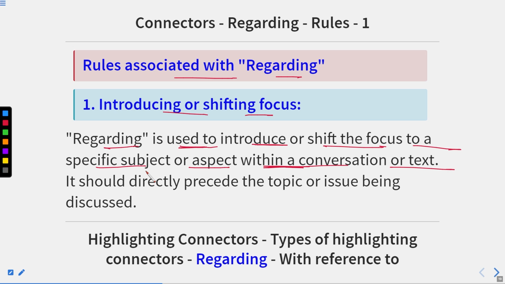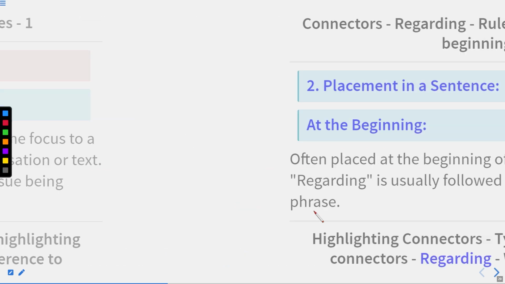That should be mentioned with the help of the word regarding. It should directly precede the topic or issue being discussed. Whenever we use the word regarding, it should always be followed by the topic which has to be discussed. So regarding plus topic, this should be the structure of the sentence.